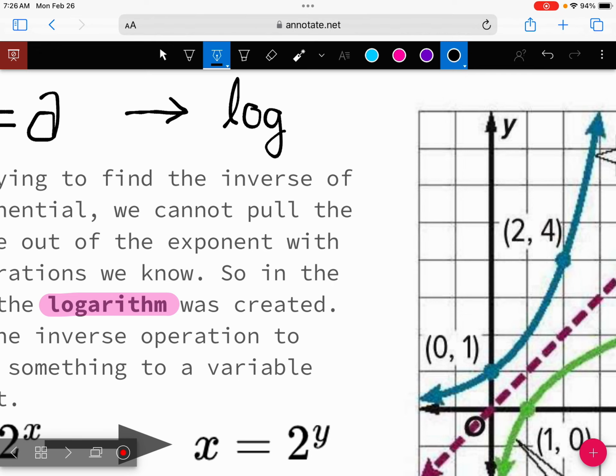I almost always loop that L just so it doesn't look like 10G, but that's just me. Then we take that B, the base of our exponent, and it becomes the base of the log. It goes really small, below the G. Then that argument comes on this side, and it equals the power.